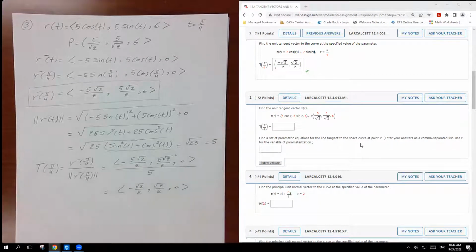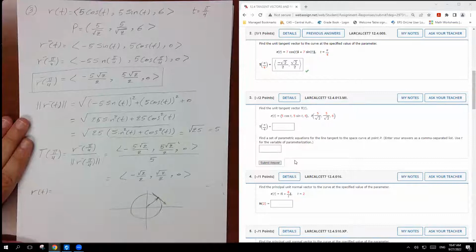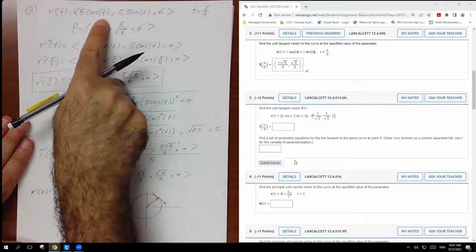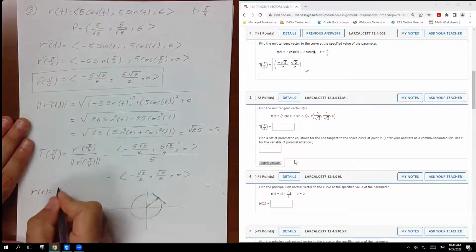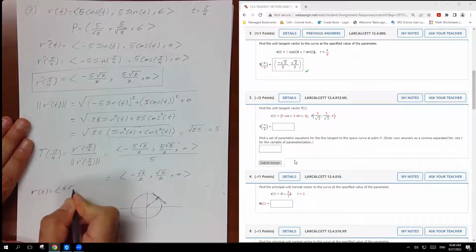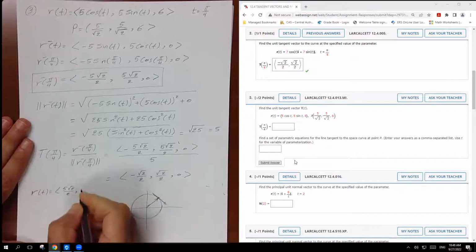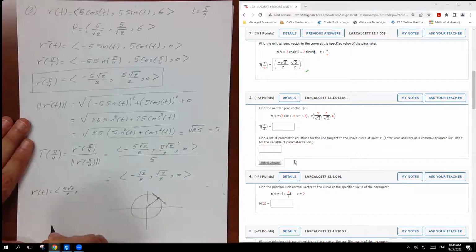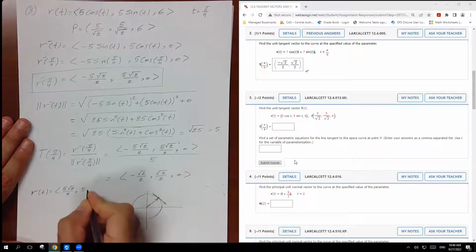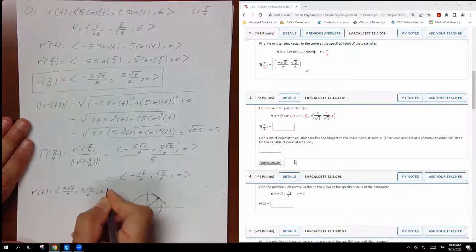Now the second part, we need to find the parametric equation. Plug in pi over 4 here, so it's going to be 5 square root of 2 over 2, and negative 5 square root of 2 over 2, and 6.